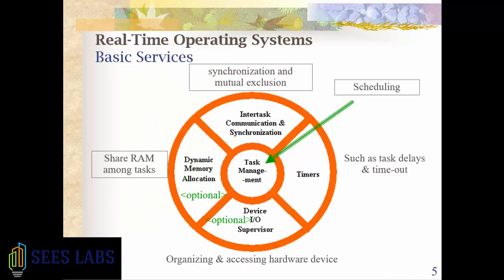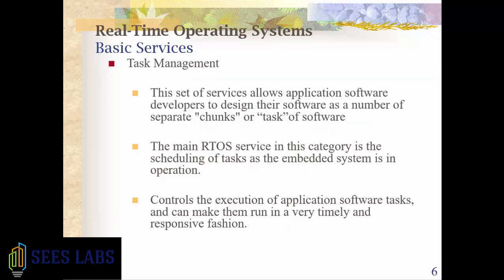Let's see some of the basic services which are provided by a real-time operating system. The first and foremost is task management. Due to task management, software developers are allowed to write their program as a number of different tasks. A software program can be divided into different tasks because on the hardware side we have multiple processors or cores available.